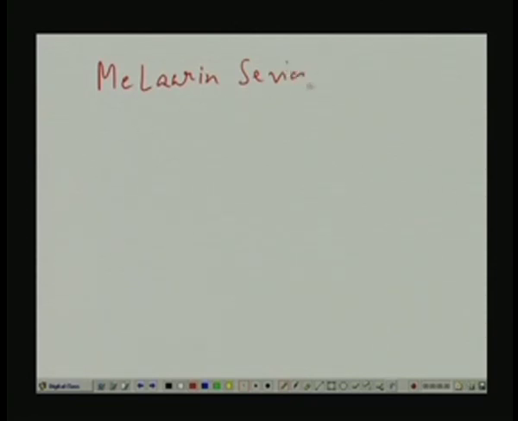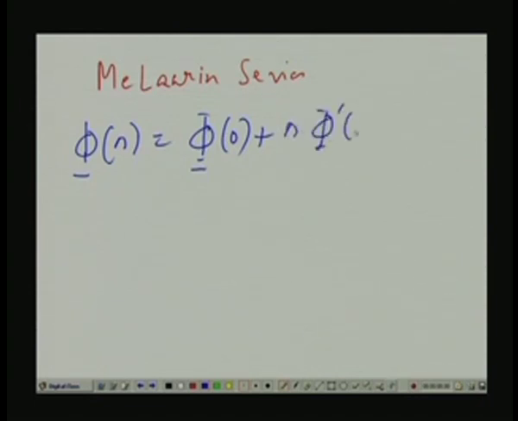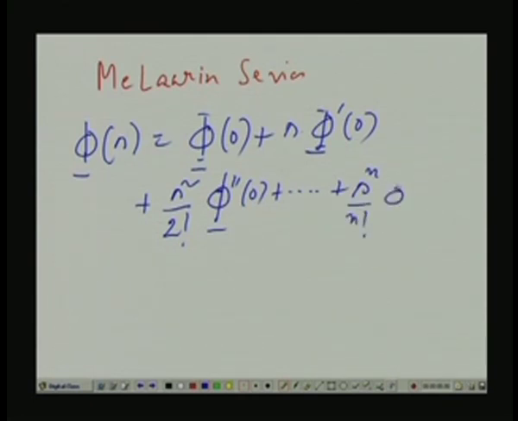You can expand phi underscore s as phi underscore 0, plus s into phi prime 0, plus s square by factorial 2 into phi double prime 0, dot dot dot, s to the power n by factorial n into phi n 0, where this n means the nth order derivative, plus dot dot dot.